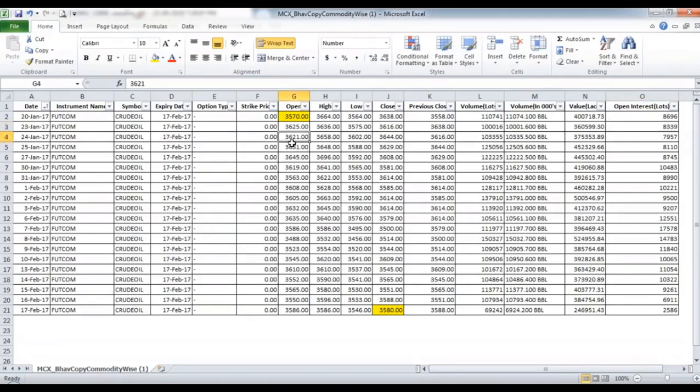The next day it is opening at 36.21, sideways, in between the high and the low of yesterday's inside candle. Then do you think it tried breaking the high or low? Yes. This day it touched the high, but this was anyways an inside candle.